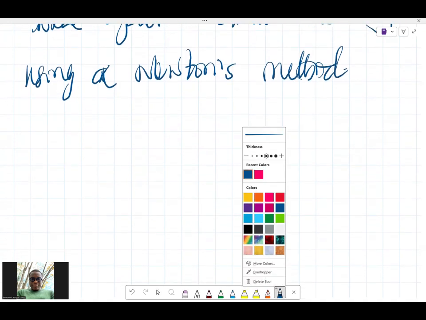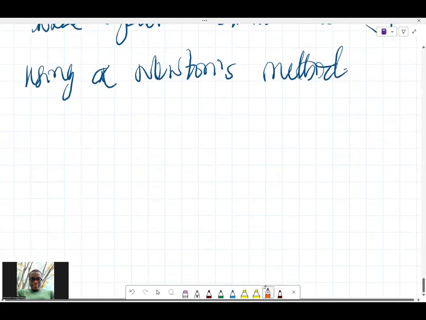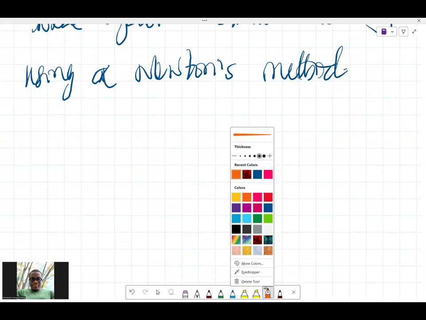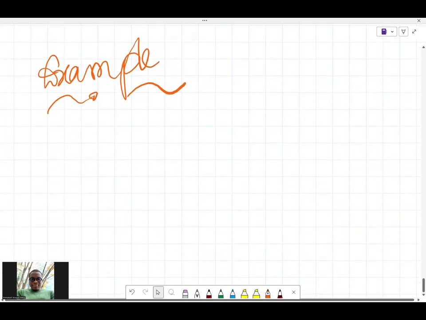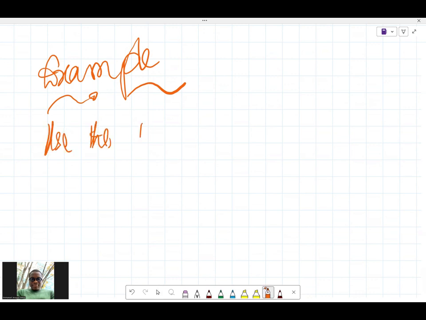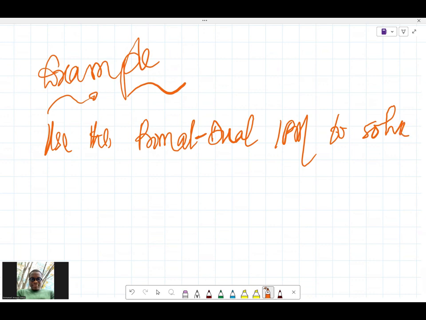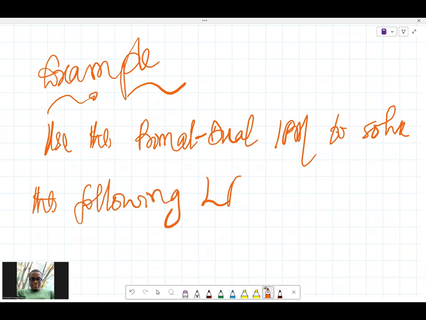Okay, so let's go and talk about the worked example. Use the primal dual interior point method to solve the following LP problem.